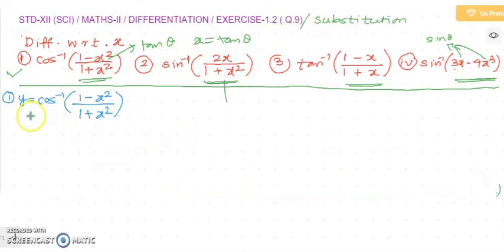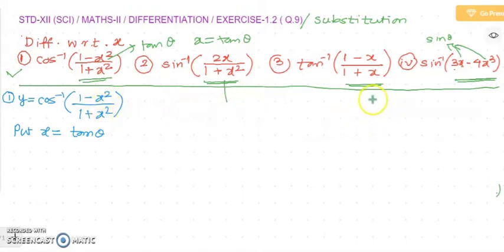See the first example. Y is equal to cos inverse of (1 minus x square) upon (1 plus x square). What we shall do is substitute. Put x is equal to tan theta, because we discussed it looks like the formula 1 minus tan square theta upon 1 plus tan square theta.